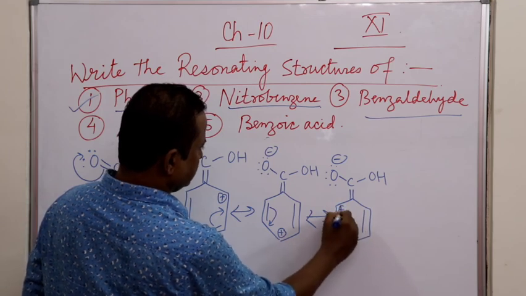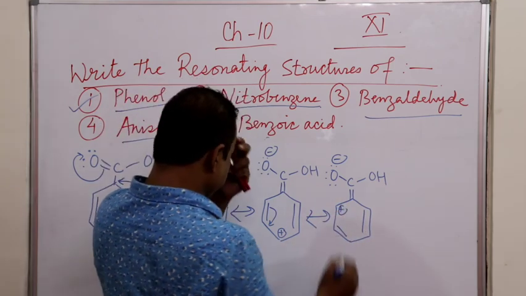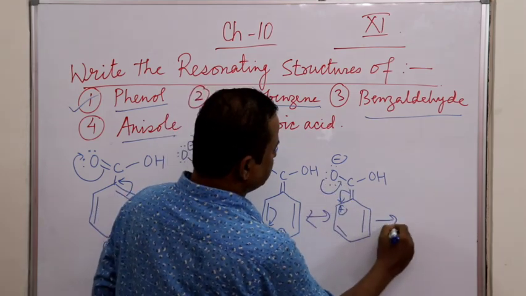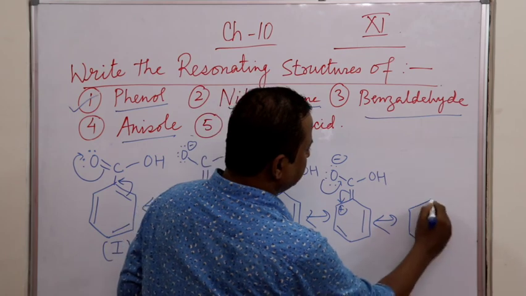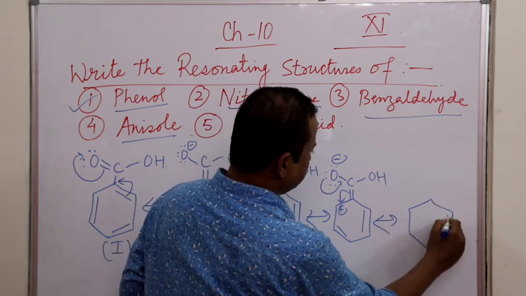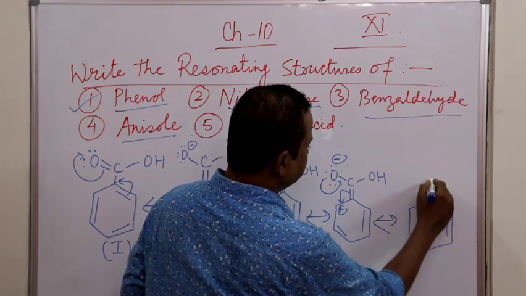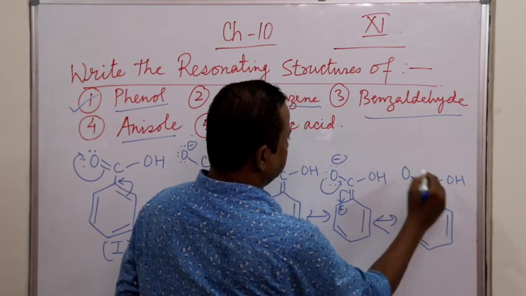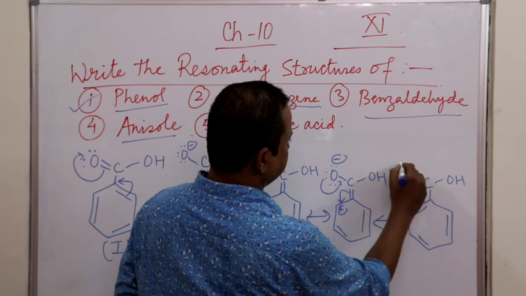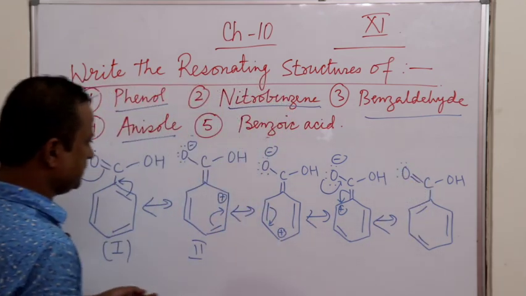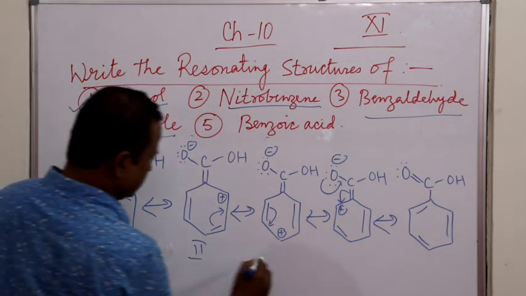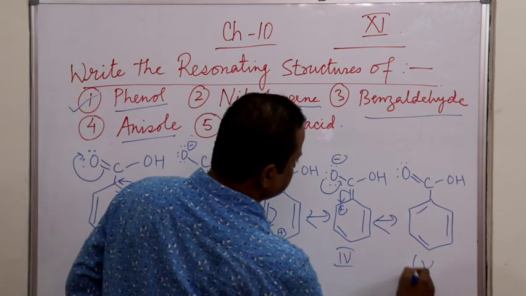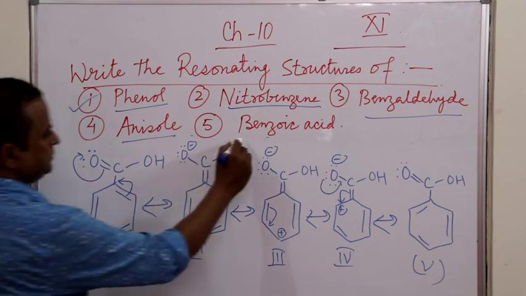This plus charge will come here, and finally they will donate this electron, and these electrons will come here, and we will get back the initial structure, but bond position will change. So these are the 5 resonating structures of benzoic acid.